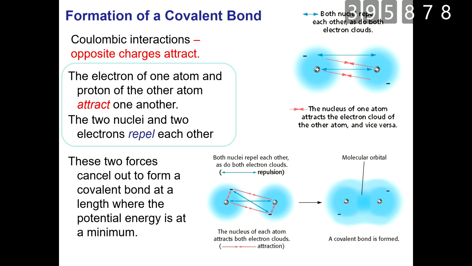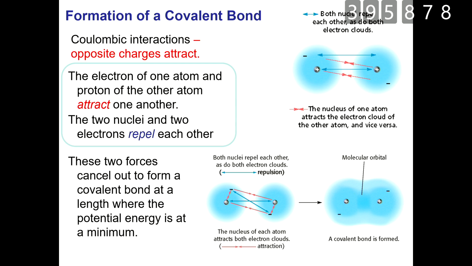So this means, for example, when this atom gets an electron from another atom, it will release energy.